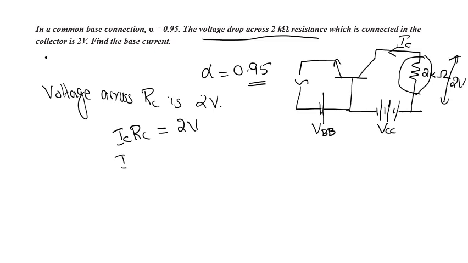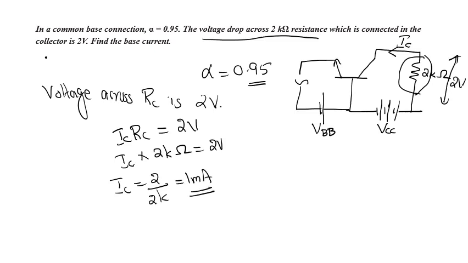Here the RC value is given, that is 2 kilo ohm. So IC into 2 kilo ohm is equal to 2 volt. From there IC is equal to 2 divided by 2 kilo, that is equal to 1 milliampere. Okay, so we got IC.